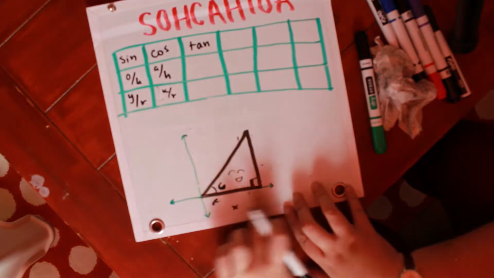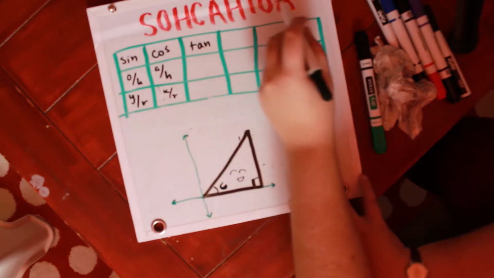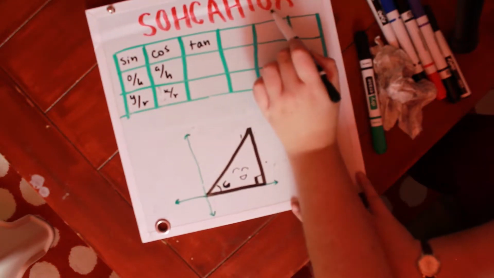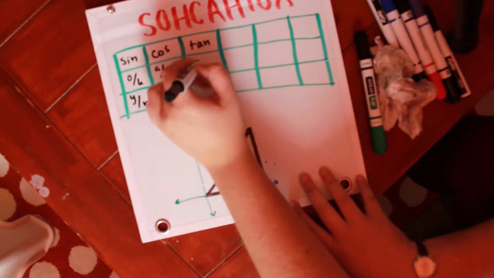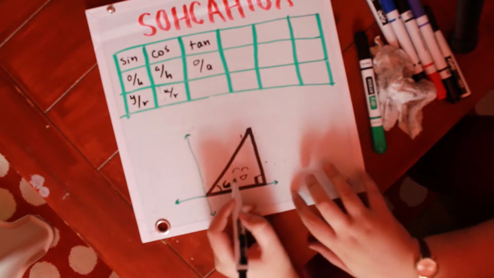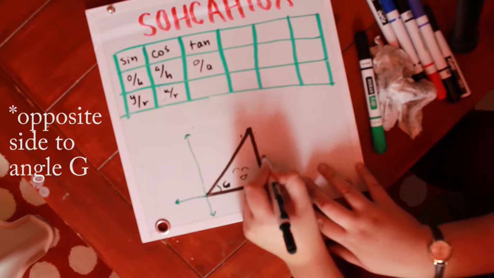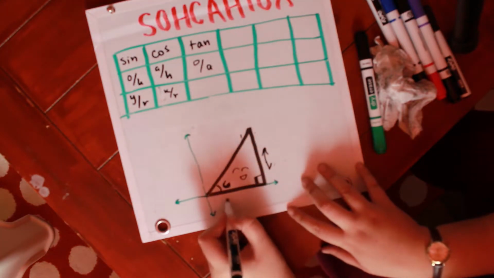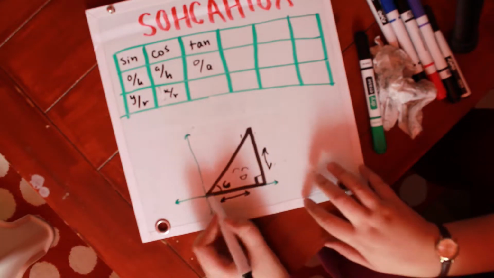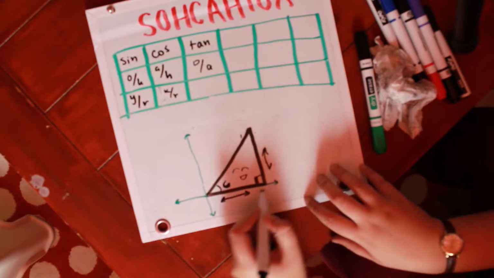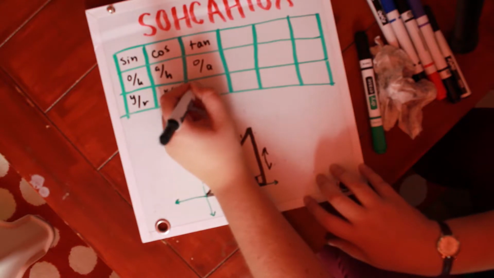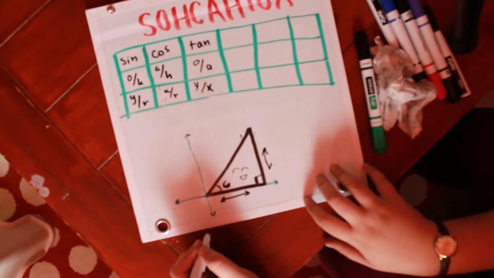Okay, and then tangent, which is the final one that SOHCAHTOA gives to us, is opposite over adjacent. So if we said that this is y and this is x, then tangent is y over x.